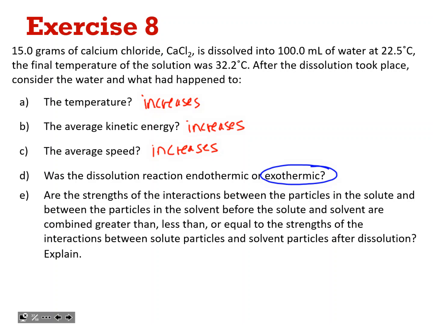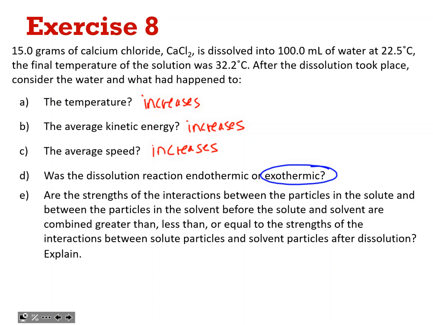If you touch the beaker, it would feel warm to you. That means heat is being released, because we are located in the surroundings. Heat going from the system to the surroundings means it's being released, okay? So do remember that. The thermometer or temperature probe, for dissolution and for chemical reactions, is always from the surroundings perspective.